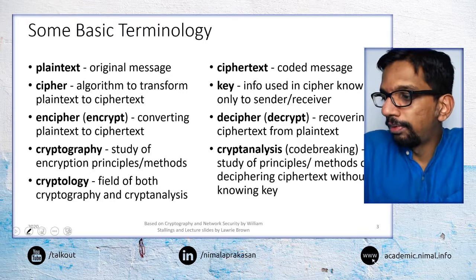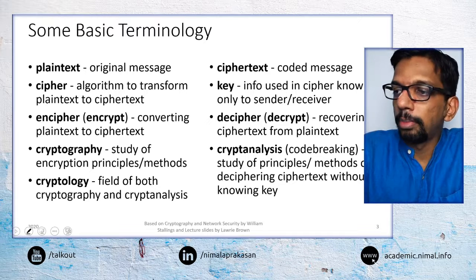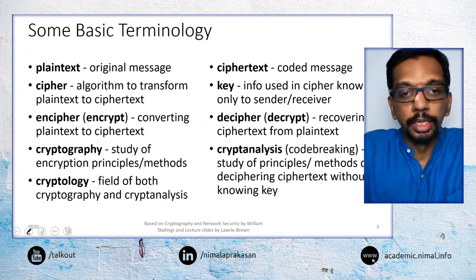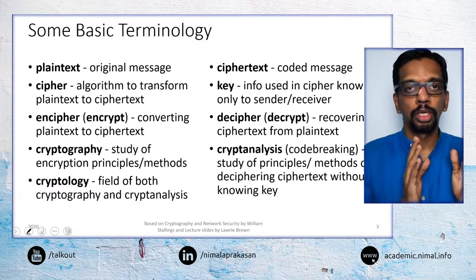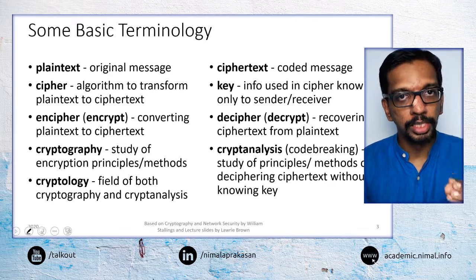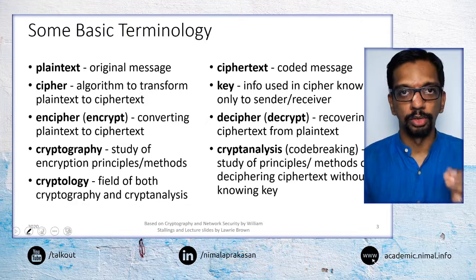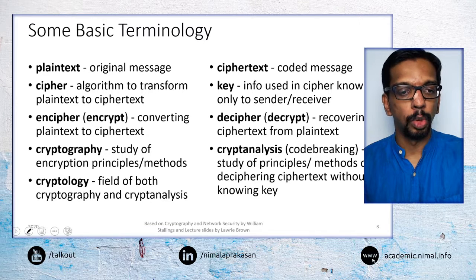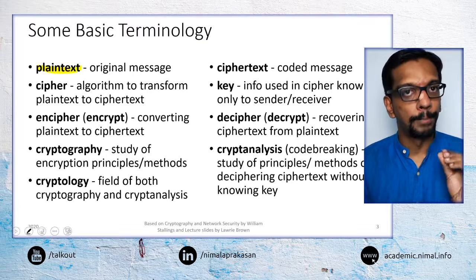Before going further, let's look at some of the basic terminologies relevant to encryption. When we talk about encryption, the original message that we intend to send, so if I need to send a message to someone else, that original message is what we identify as the plain text.